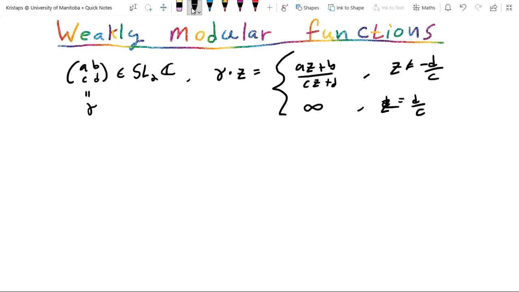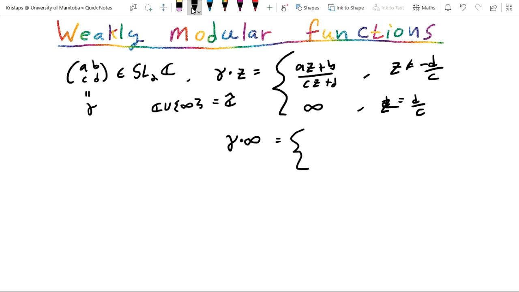Now, of course, since we're tossing infinity into our set, we're not just acting on the complex numbers, but we're now acting on the complex numbers union infinity, that means that we also need to describe the action of gamma on the point at infinity.